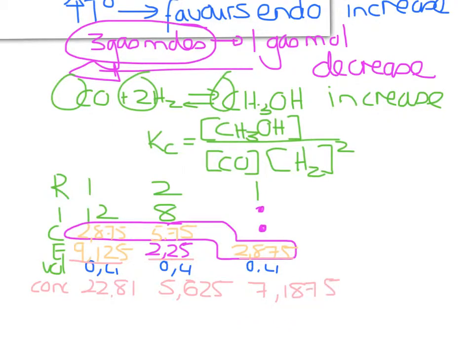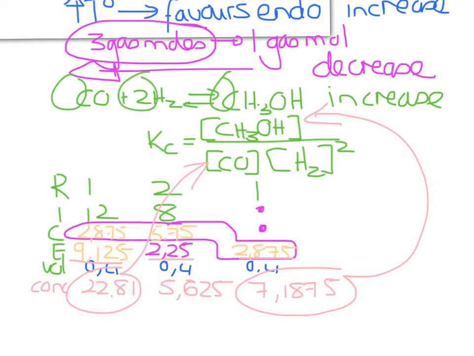I then substitute those numbers in for the methanol, for the carbon monoxide, and I mustn't forget to square the hydrogen. And when I do all of that, I get an answer that comes out at 0,01 as my Kc value. What does that tell me? That tells me that the reverse reaction was quite clearly favored.